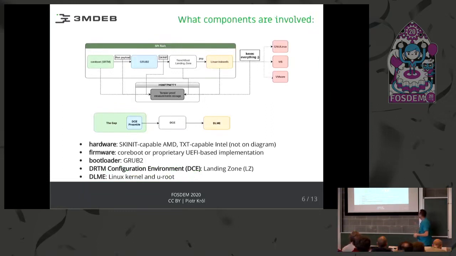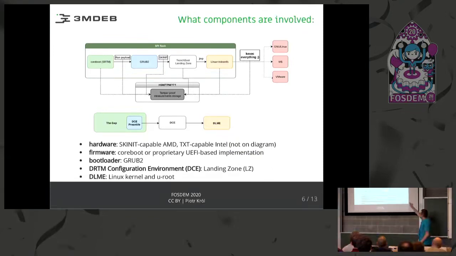Right now I'm going to speak mostly from the AMD point of view, because this implementation is divided. Oracle and Daniel are doing more of the Intel stuff, Intel TXT, and I'm doing more of the AMD stuff, so SKINIT. In our case, we're using the PC Engines platform, which is a coreboot-based platform, like a small router. We have SRTM implemented with coreboot.